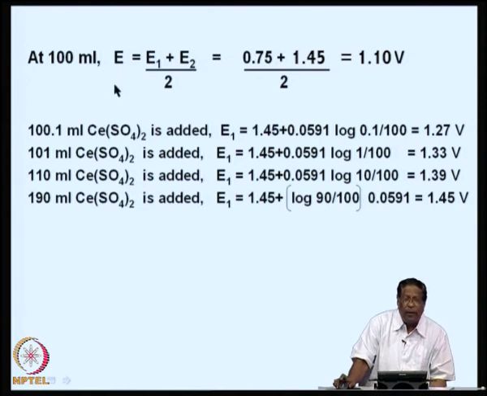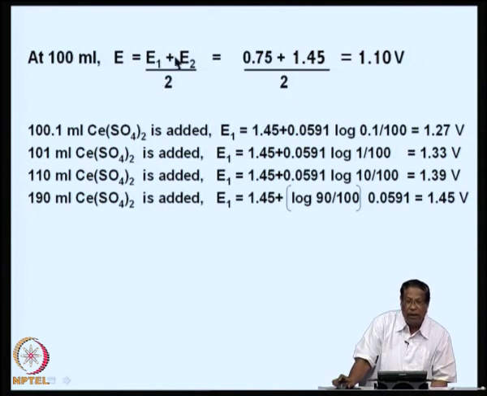So, when I have 100 ml added, the EMF would be the average of the two, that is E1 plus E2 by 2, because the concentration terms are going to cancel out, because all the reactants have reacted and the products are formed. So, the EMF would correspond only to the E naught values, that is E1 plus E2 by 2, that corresponds to 1.10 volts.